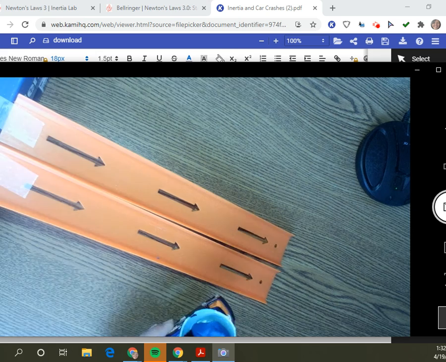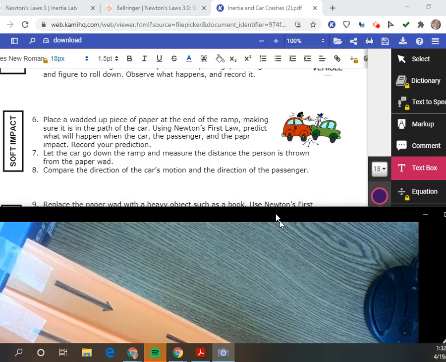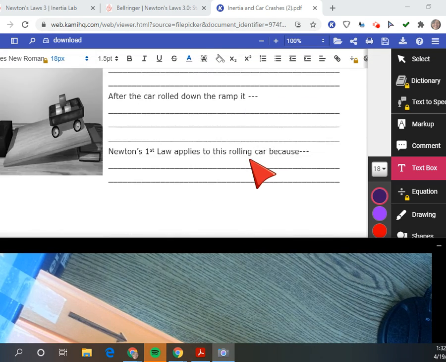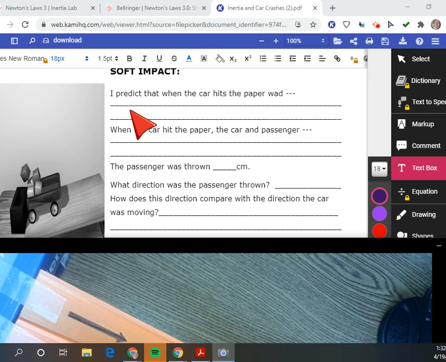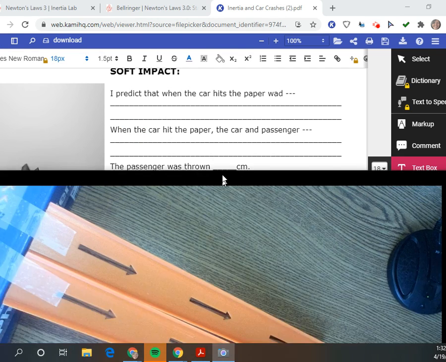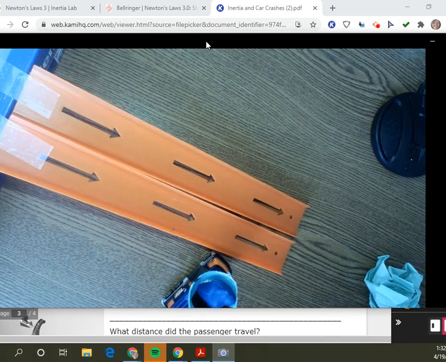Okay, so let's go ahead and answer our questions on that one. Rolling car, soft impact. So you should have written your prediction down. When the car hit the paper, the car and the passenger continued moving, right? Now, do you think that he slowed down? Let's look at our camera and see just a little bit.